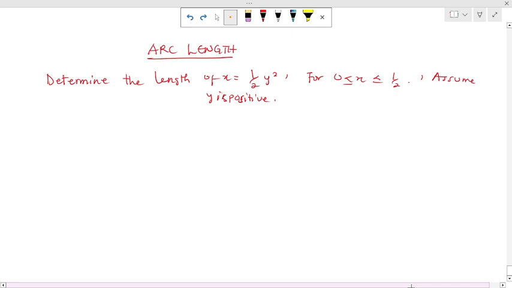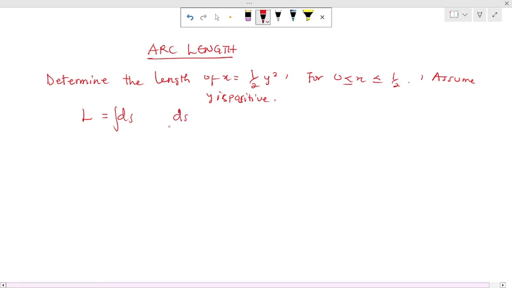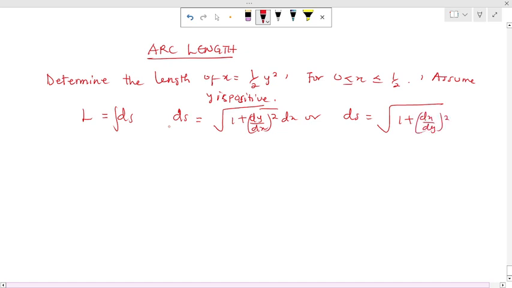As I gave you the formula for arc length in the previous lesson, let me revise it some more. The arc length L is equal to the integral of ds, where ds is going to be the square root of 1 plus (dy over dx) all squared dx, or we can have ds equal to the square root of 1 plus (dx over dy) all squared dy.